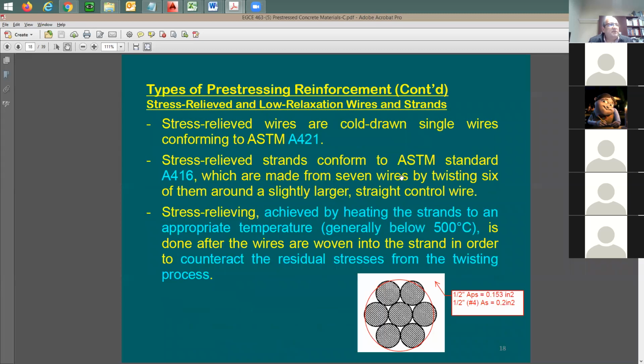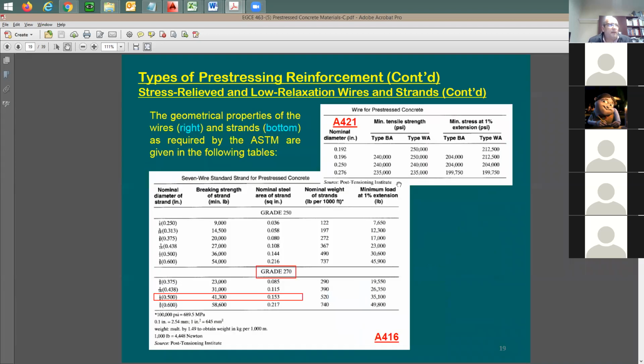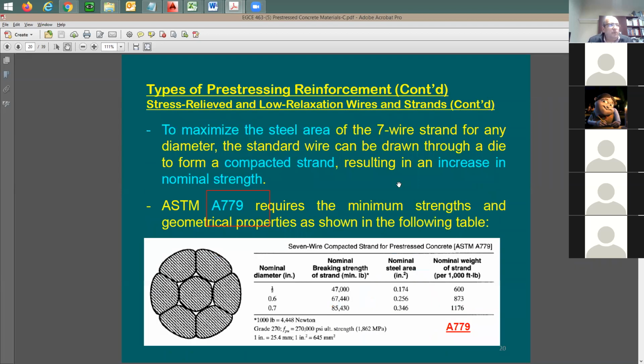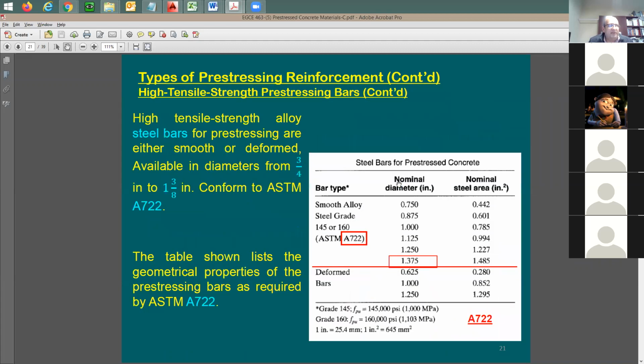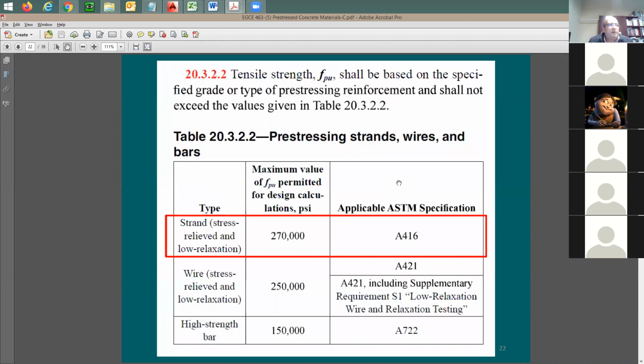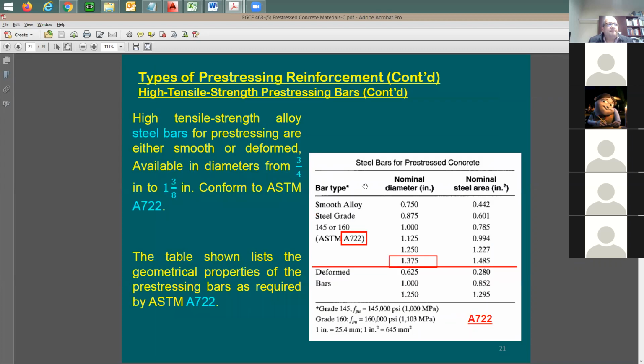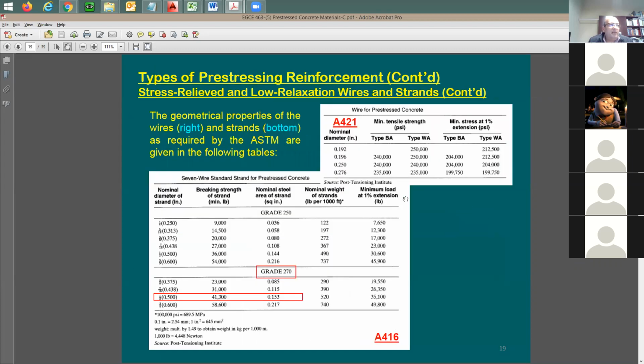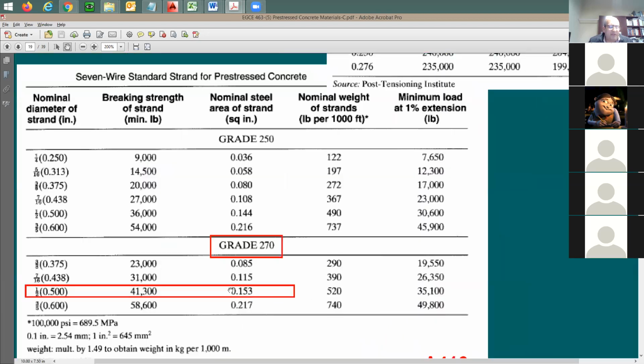We said the strand is going to be a 7-wire strand, and it's going to look like this. And then we said we're going to be using this table for the strands. We said it's going to be 270. And for the half-inch strand, the cross-section area is going to be 0.153, which is a completely different table and different information, different grade from the conventional rebars.